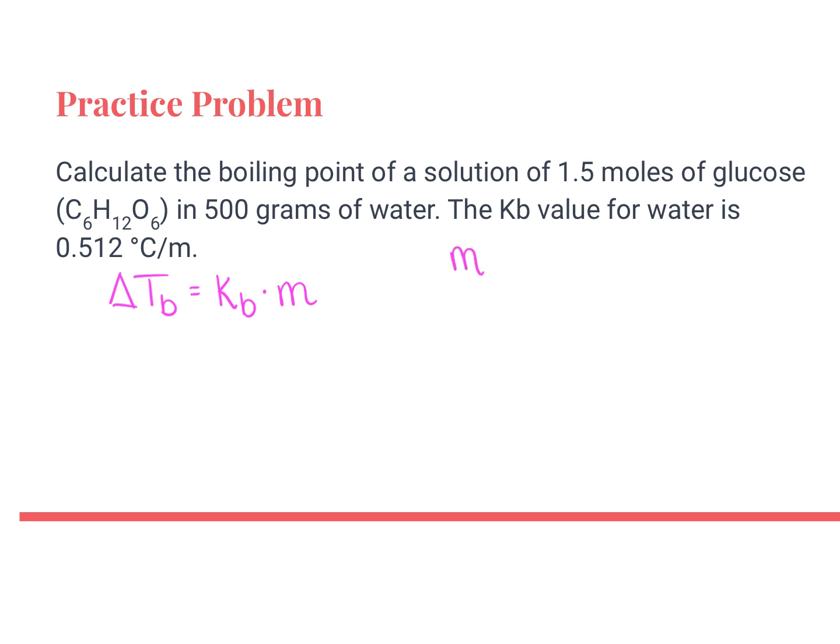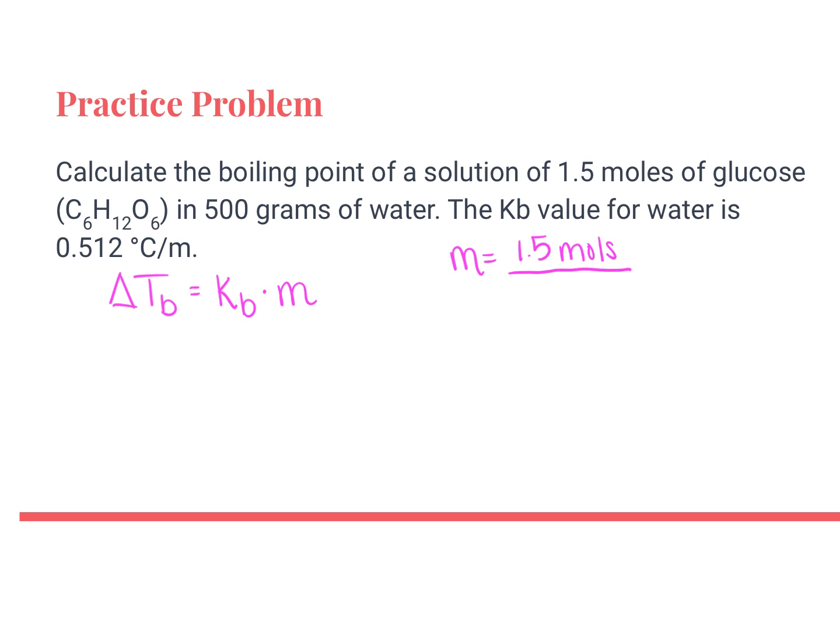Off to the side, let's solve for molality. What goes in the numerator? The moles of solute, so 1.5 moles. And what goes in the denominator? The kilograms of solvent.